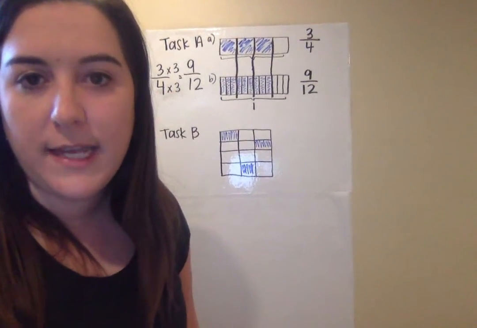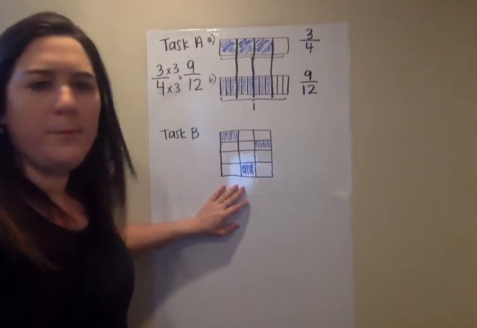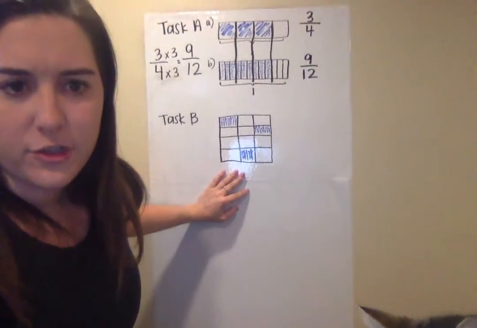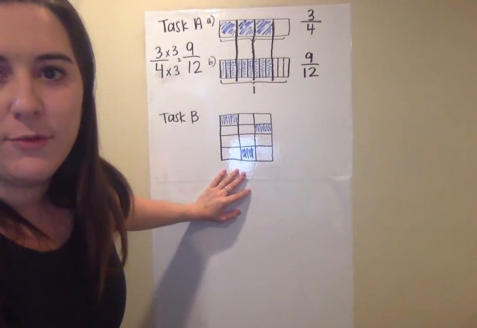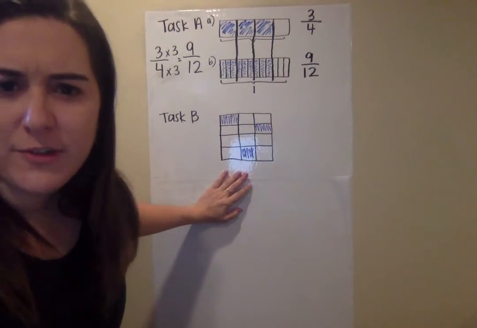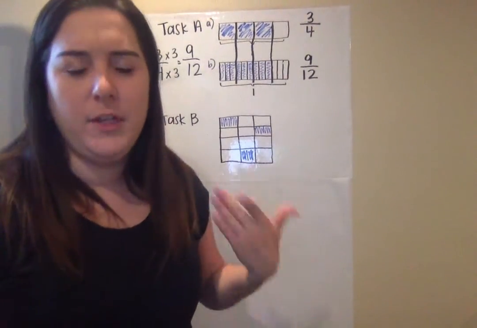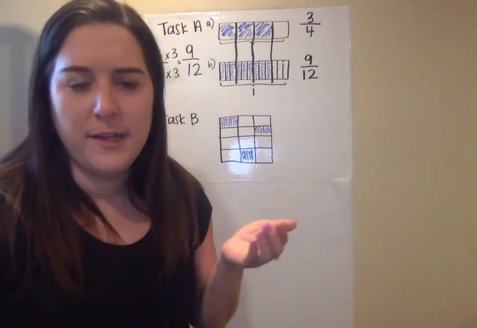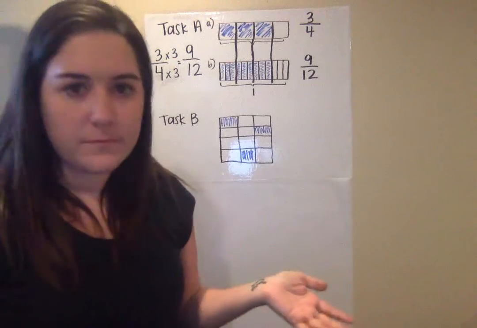All right, moving down to task B. Task B shows this shape, this fraction model. So part A says, what fraction of the rectangle below is shaded? Now, when I first saw this, I was like, what? Because normally with Eureka and our curriculum, it doesn't just shade in random pieces like that, but that's okay.